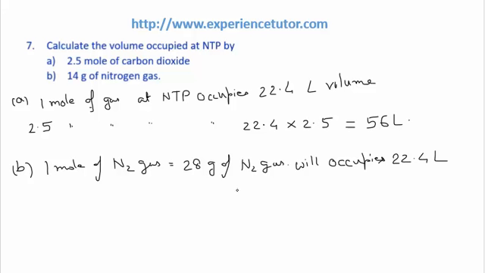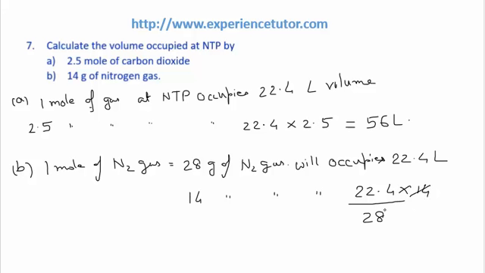So 14 gram of nitrogen gas will occupy 22.4 upon 28 into 14.